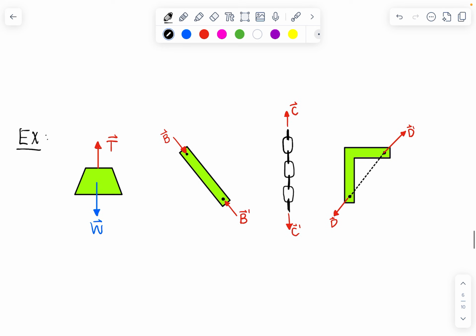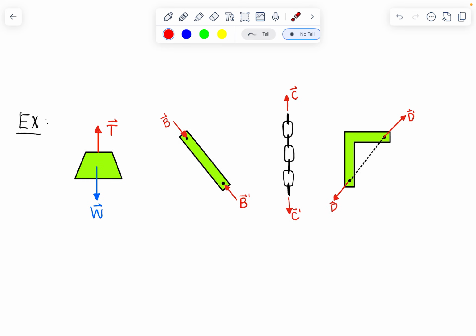And here's some examples of a few different two-force bodies. So of course, on the left here is the one that we just went through. Here is a two-force member. So it's a beam with just two forces acting at these pin joints. And we've got a chain that is being pulled on in opposite directions.